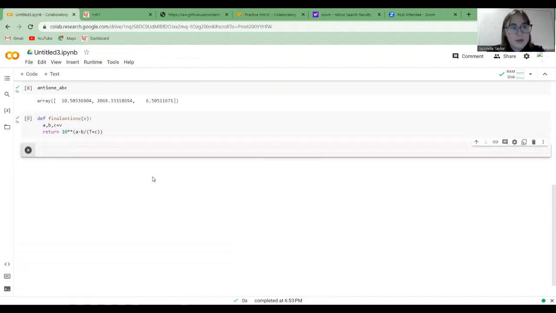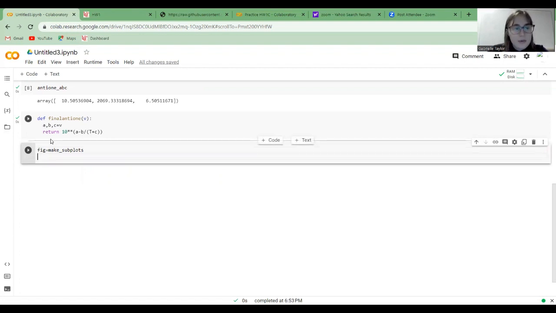Next, now that we have everything, we can graph it. So let's do figure equals make_subplots. And then we want to graph our points that we got from our experimental data.